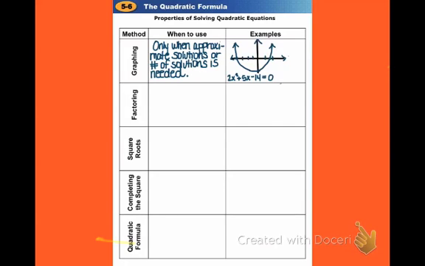See, for example, let's say I wanted to just approximate solutions to something like this: 2x squared plus 5x minus 14 equals 0. And I want to know where the approximate zeros are. If I graph this and, say I use the trace feature or something like that, I would see that the two solutions to this quadratic are approximately negative 4.2 and approximately 1.7.